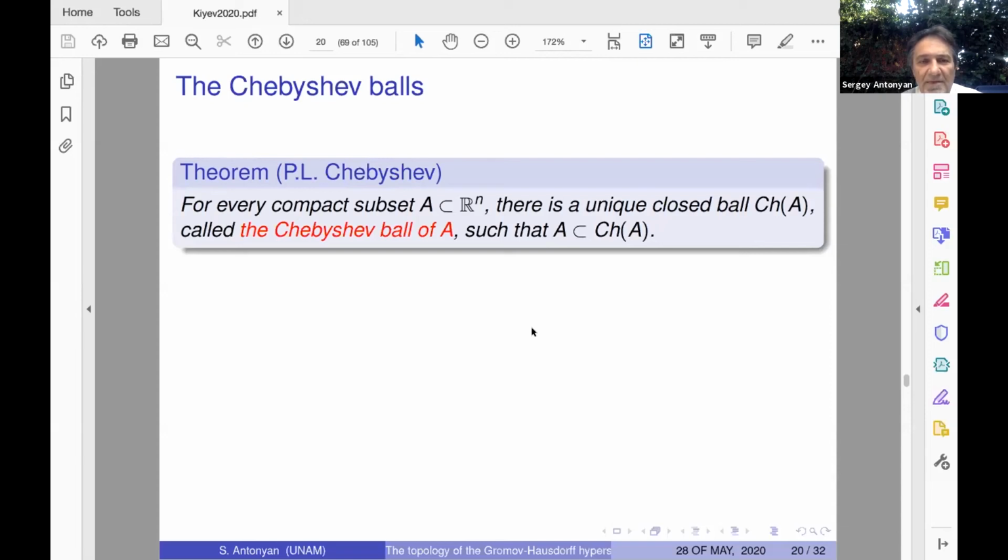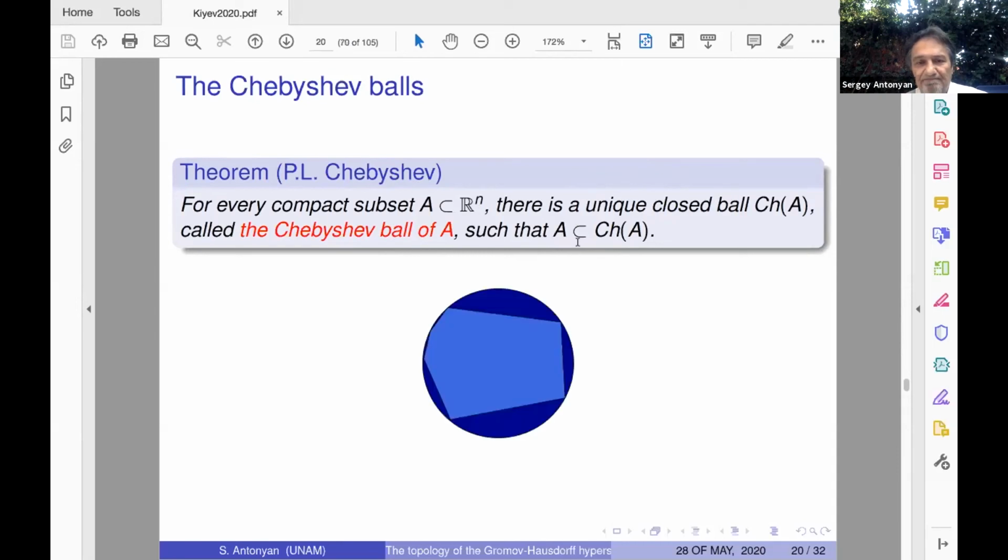A classical result of Chebyshev claims that if we have any compact subset A of Rn, then there is a unique closed ball with the smallest radius, called the Chebyshev ball of A, that contains A, like in this picture.